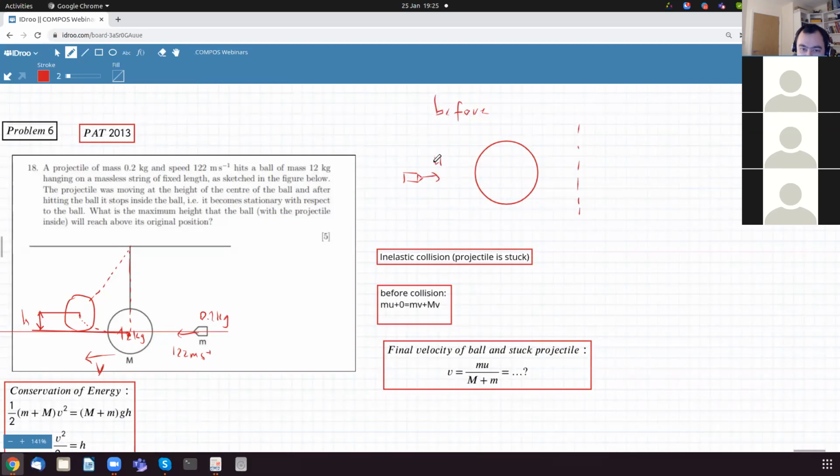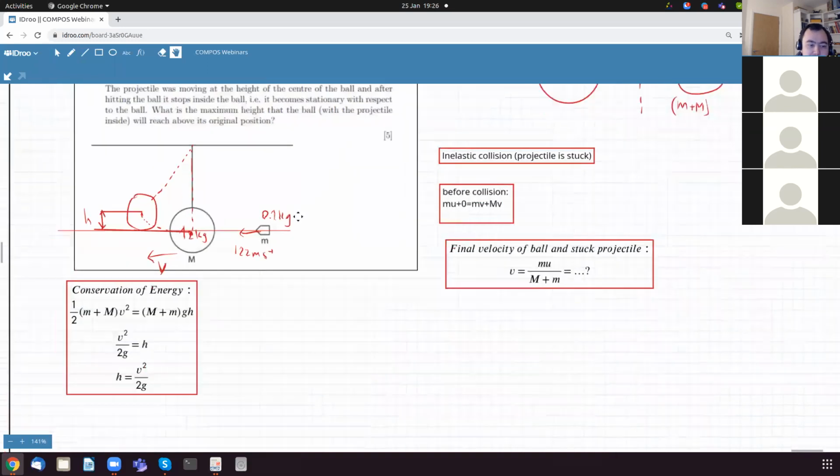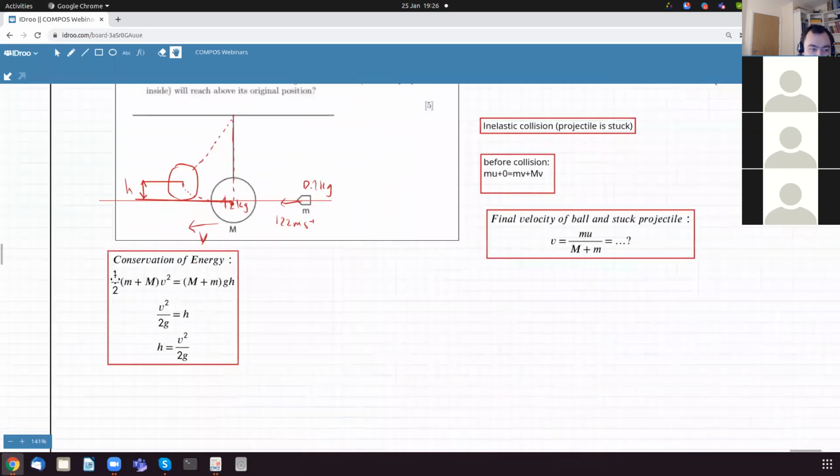The ball has 0 velocity, and after the collision, the bullet is inside, so they have a mass of m plus m and are traveling with velocity v. So the kinetic energy is 1/2 (m plus m) v squared, and the gravitational potential energy at the top when the ball has stopped is that.